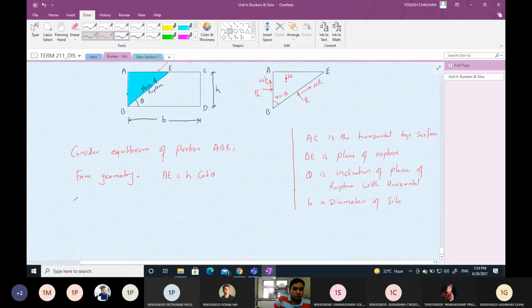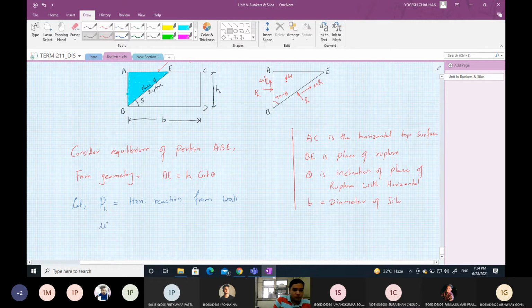Now let pH be the horizontal reaction from wall, this pH.